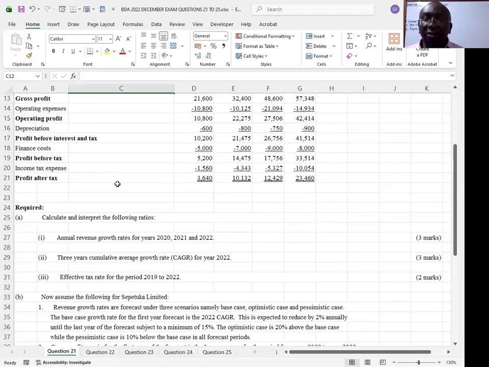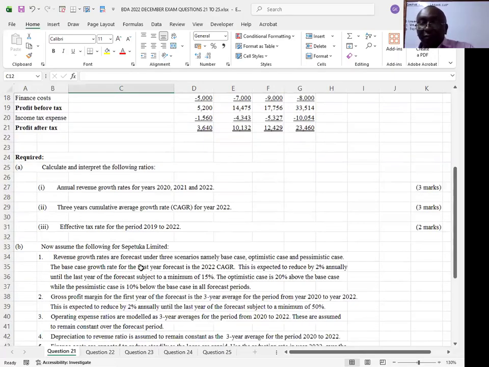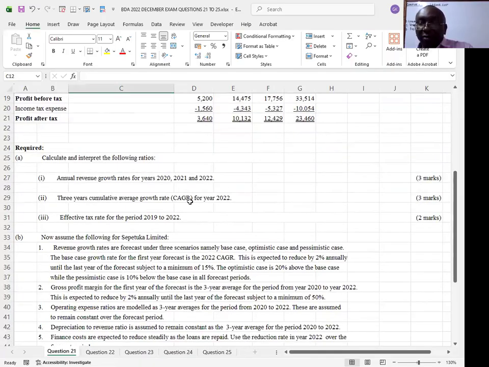Now we are told to calculate and interpret the following ratios. 1, annual revenue growth rates for years 2020, 2021, and 2022. 3 years cumulative growth rate, effective tax rate for the period 2019 to 2022.